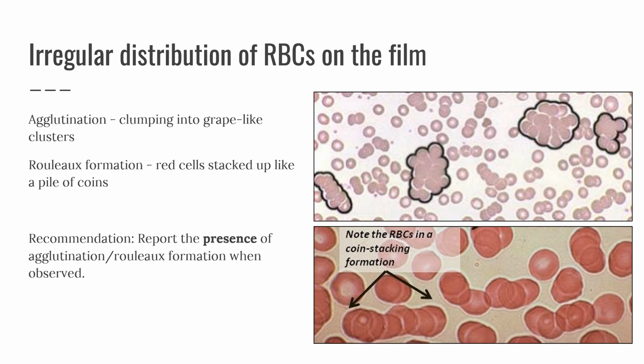Agglutination usually indicates the presence of cold reactive anti-RBC antibodies, and we only have to report the presence or absence of agglutination. Rouleau formation is usually seen in cases of paraproteinemia. It should be assessed on the thin part of the smear, and it would look like red cells stacked up like a stack of coins. Like agglutination, we only have to report the presence of Rouleau formation.